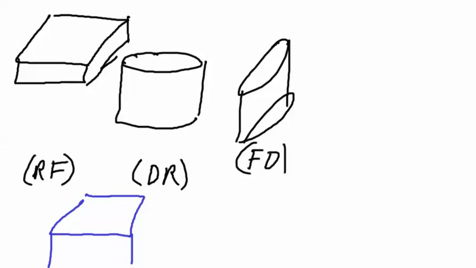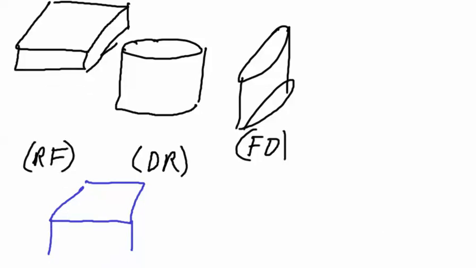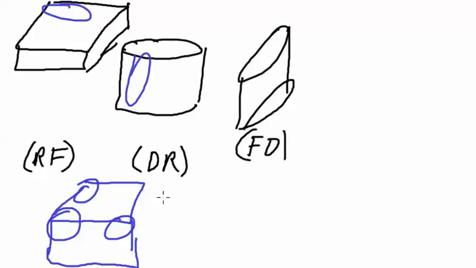And so if this RF times DR was to form a 2 by 2 by 2, it would go, this spot would be this times this. This spot would be this times this. This spot would be this times this. This spot would be this times this.